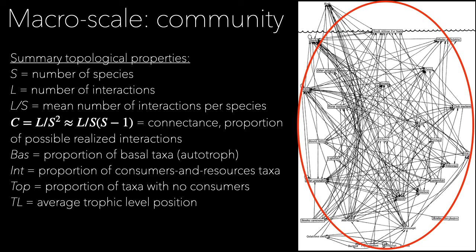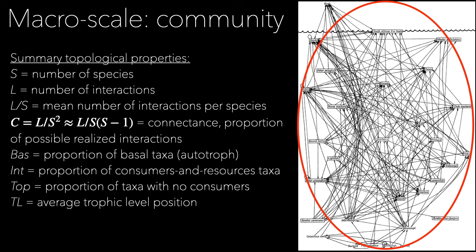The higher the number of top predators, of top species, the more energy is required. So at constant energy, reducing the proportion of taxa with no consumers is going to increase the efficiency and the energy demand of the system.